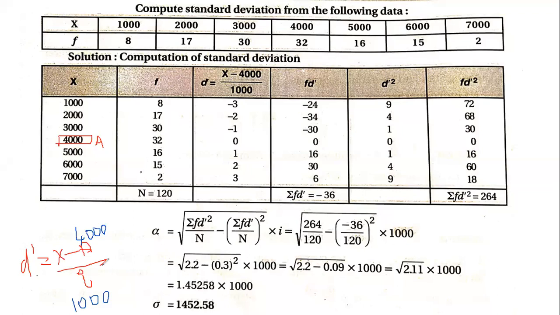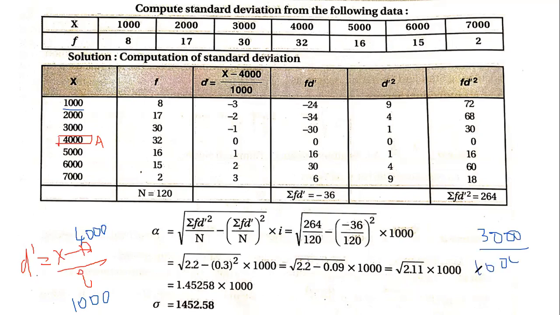If you see, X minus 4000, that is the assumed mean, divided by I, which is 1000. So we have taken that. 1000 minus 4000 is minus 3000, divided by 1000.